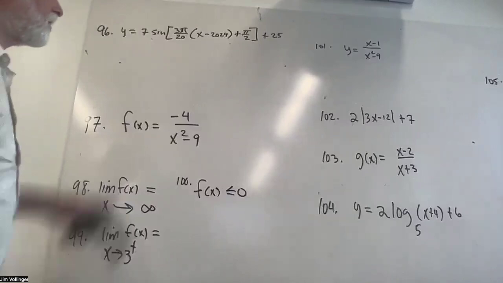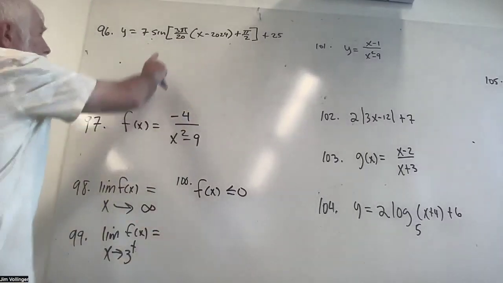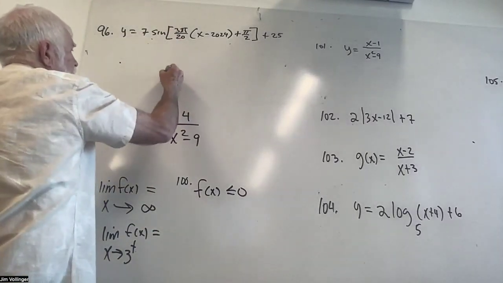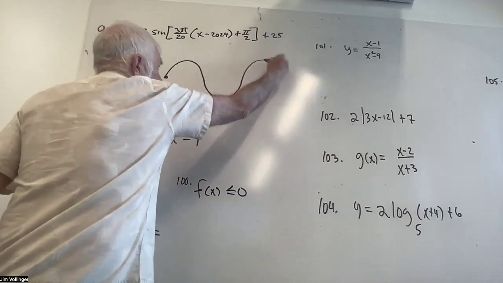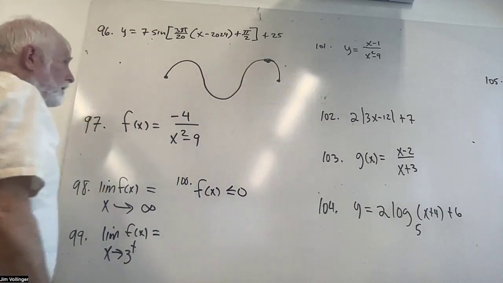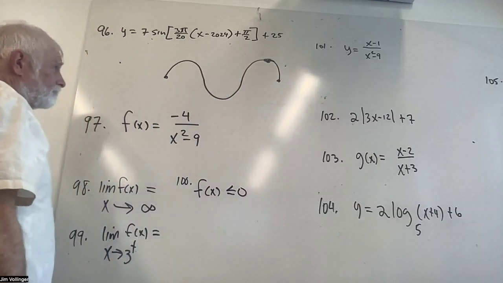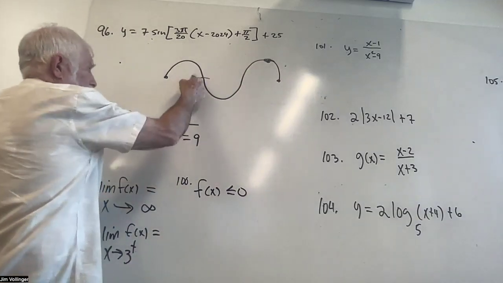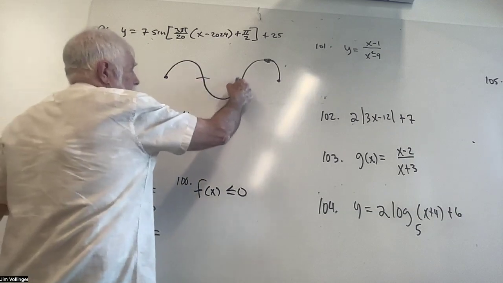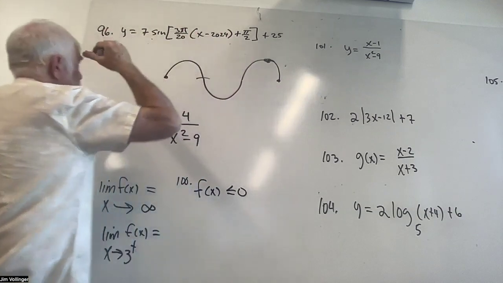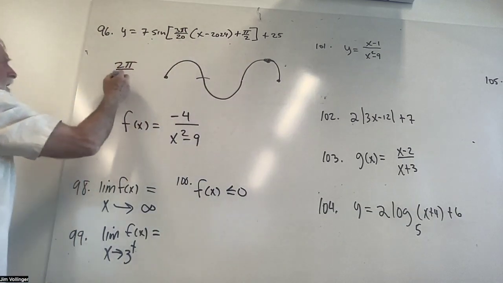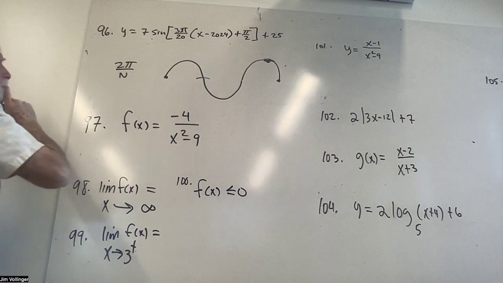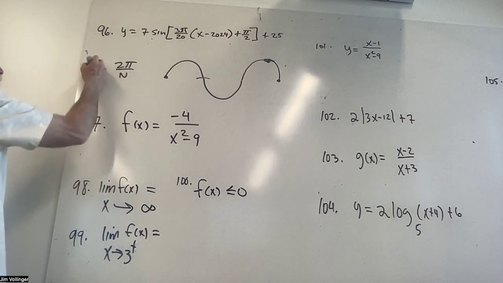Now let's talk about the period of this function. I know 3 pi for a sine function is 1 pi, 2 pi, 3 pi. 3 pi is there. So that's 180 degrees, another 180, another 180. But 2 pi is once around. And so I wonder what that is. 2 pi divided, because I do know 3 pi over 20.